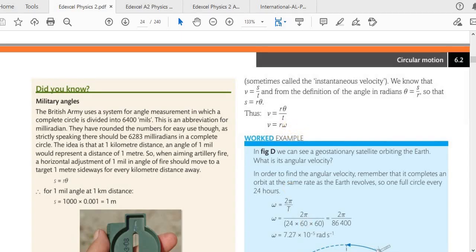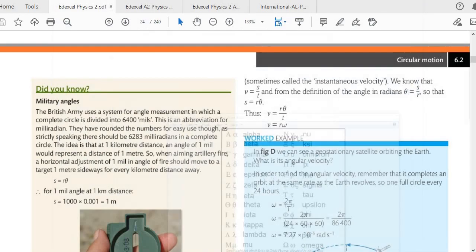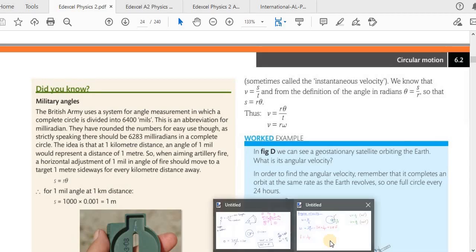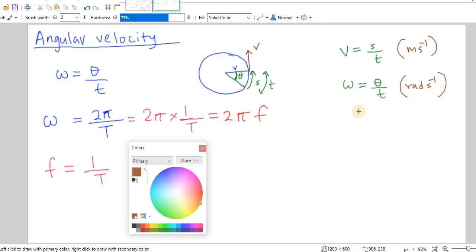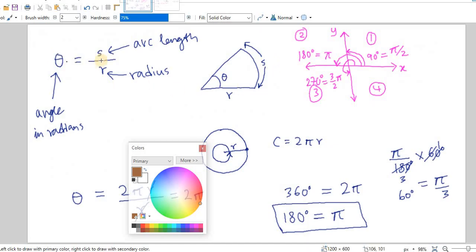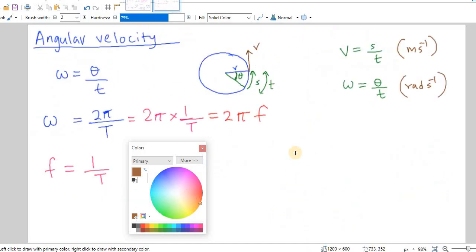I will also show you: on the previous page we have theta equals s over r.